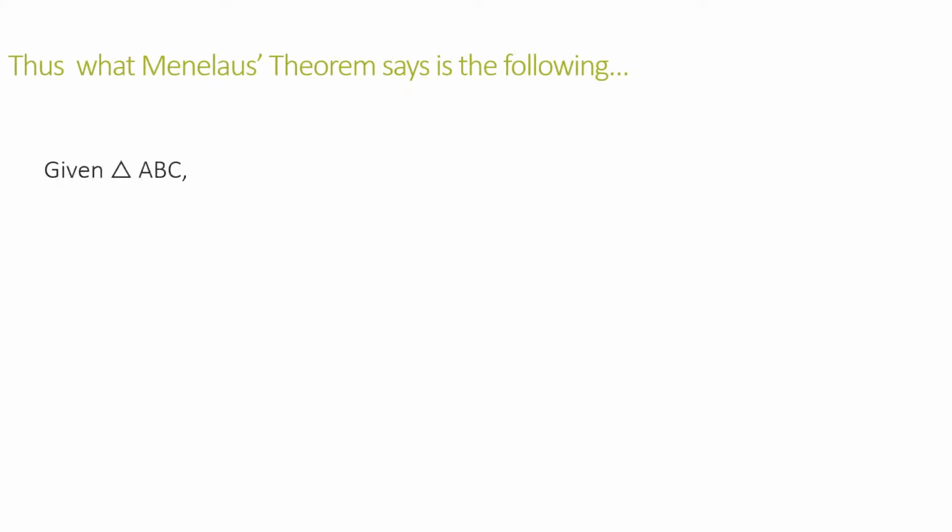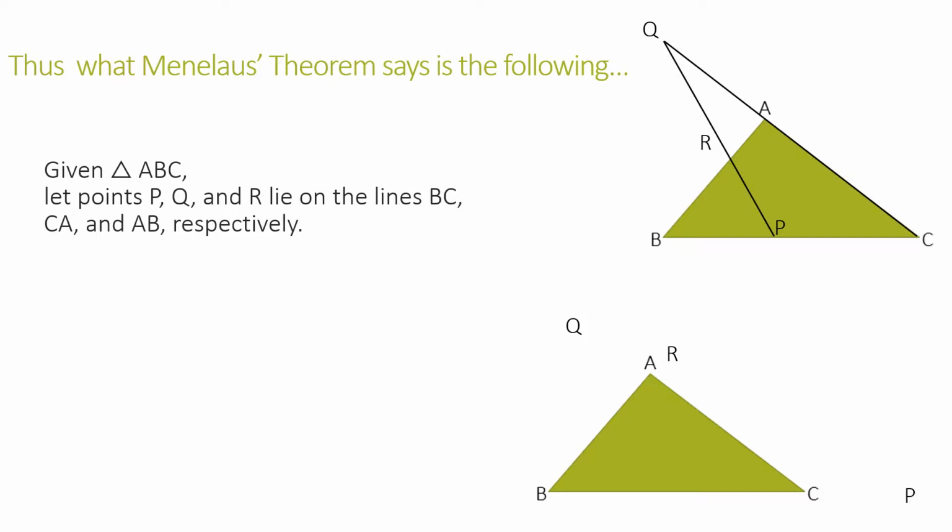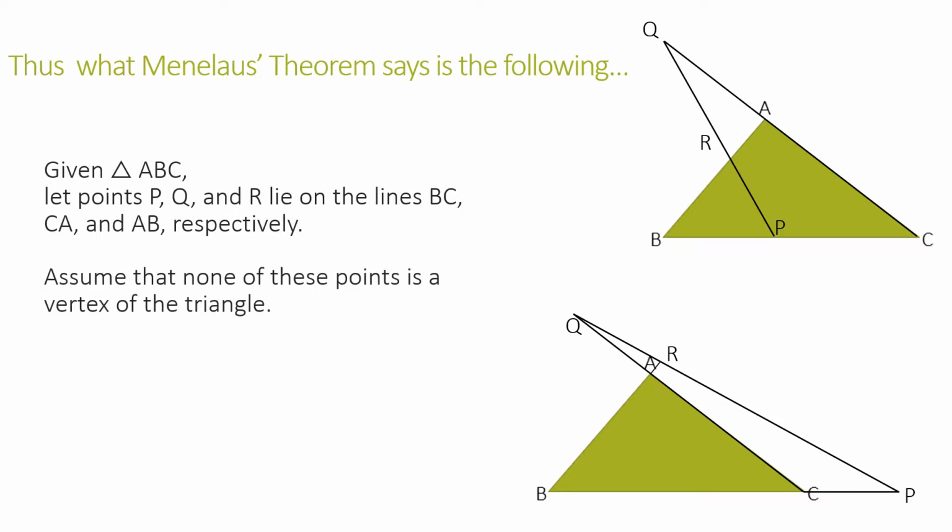Given triangle ABC, the points P, Q, R lie on the lines BC, CA, and AB, respectively. Assume that none of these points is a vertex of the triangle.